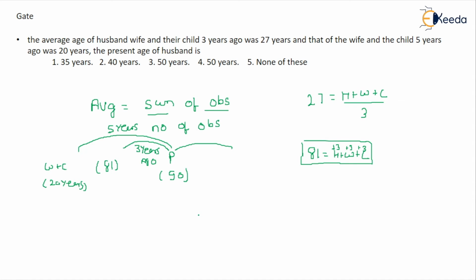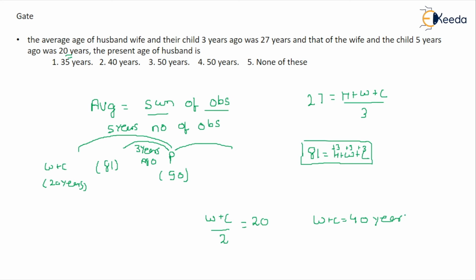What you can find out? Wife plus child, that is 2 people. So sum of observations upon 2 equals the average. The average they provided is 20. So 20 into 2, that is, wife and child age will be 40 years.